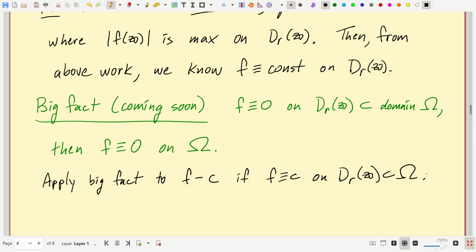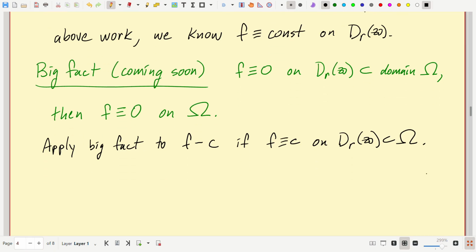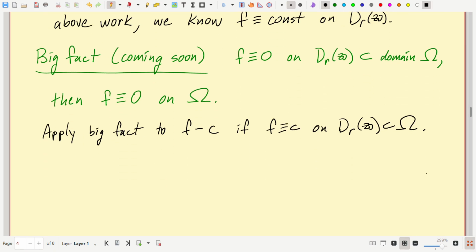You might ask, any questions so far? You might ask, is there a minimum principle?